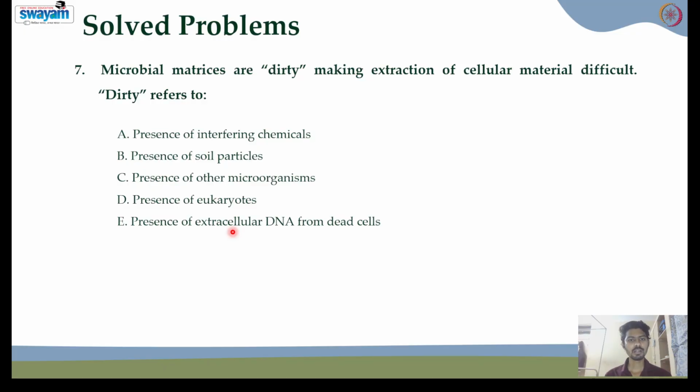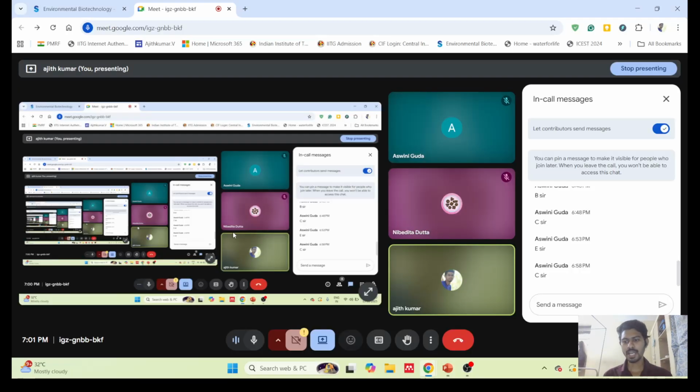Microbial matrices are dirty, making extraction of cellular material difficult. Here, what do you mean by dirty? Whether it means the presence of interfering chemicals or presence of soil particles or presence of other microorganism or presence of eukaryotes or it is presence of extracellular DNA from the dead cells.